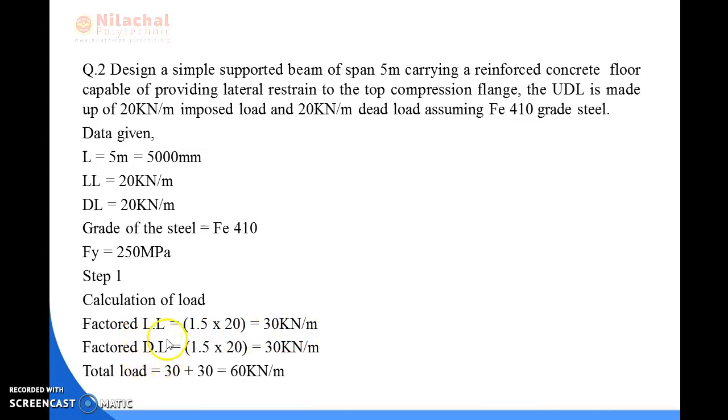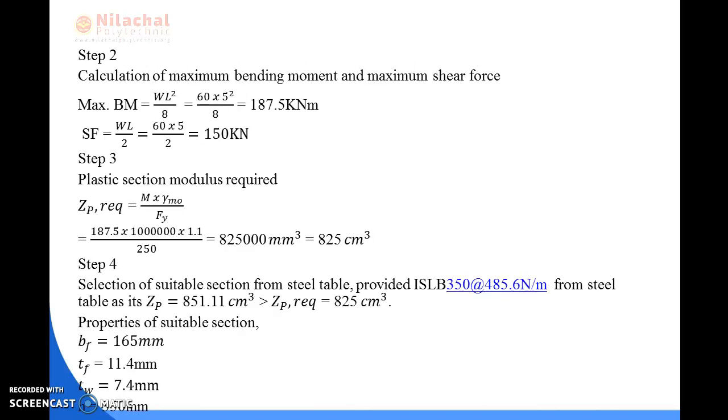Similarly, for the dead load, 1.5 into 20 is equal to 30 kilonewton per meter. So the total factored load on the beam is 30 plus 30, which is equal to 60 kilonewton per meter. So step 1 is finished.